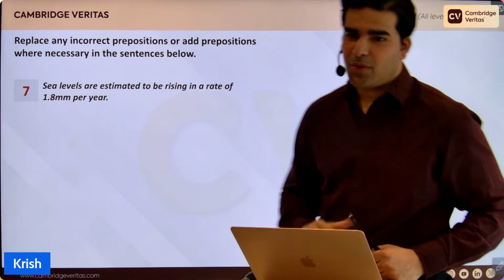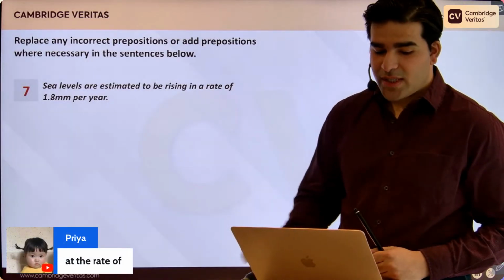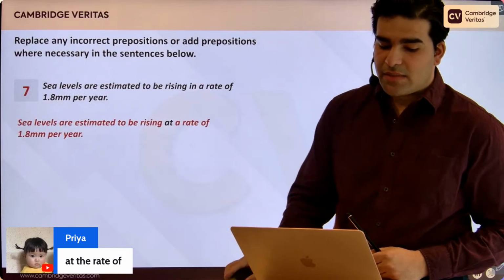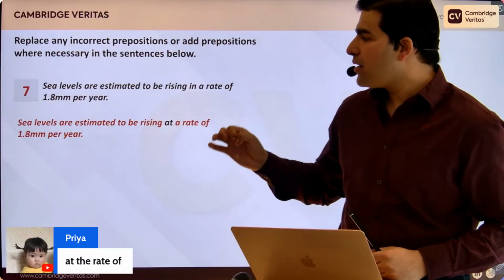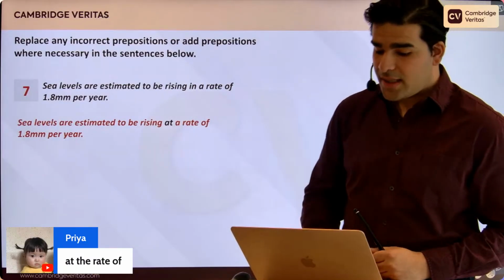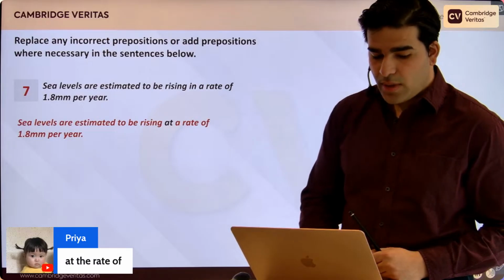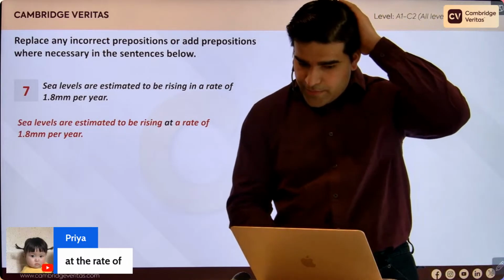This should be easy, come on. At, very good. Priya has told us the correct answer, ladies and gentlemen. So it is sea levels are estimated to be rising at a rate of 1.8 mm per year. Why is that? Thank you, Priya. Why is that? Anyone? Can anyone help Priya or me?